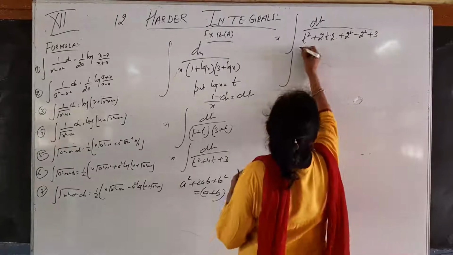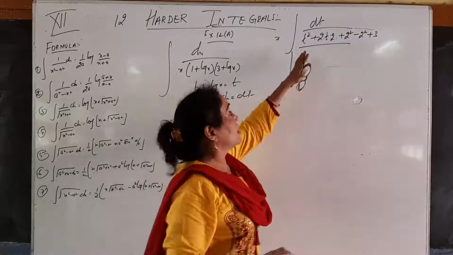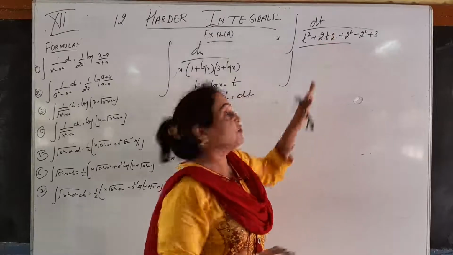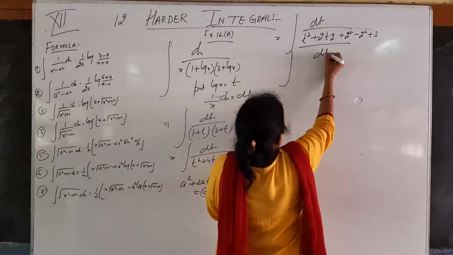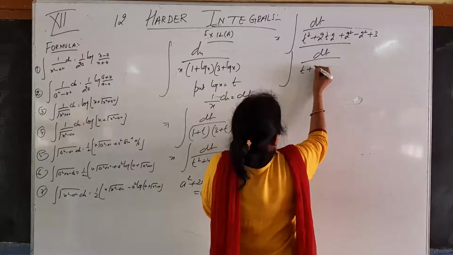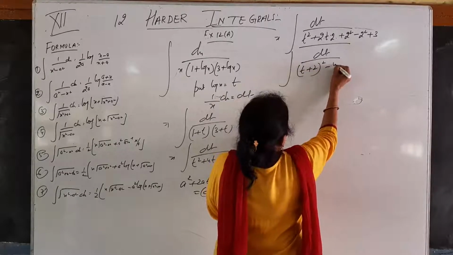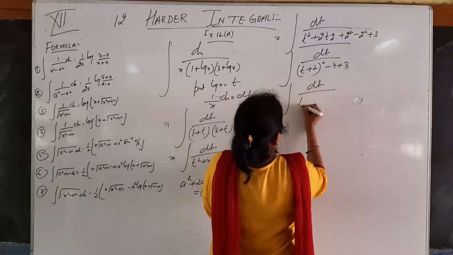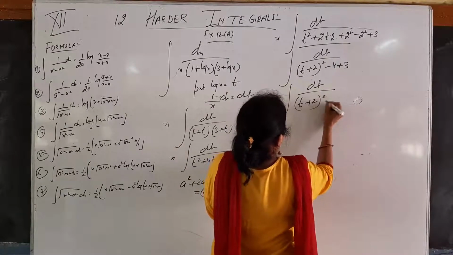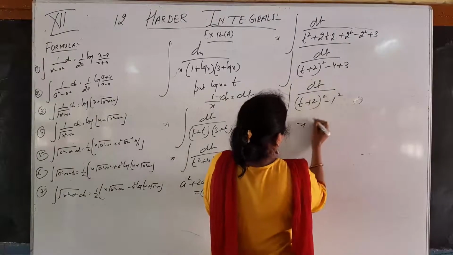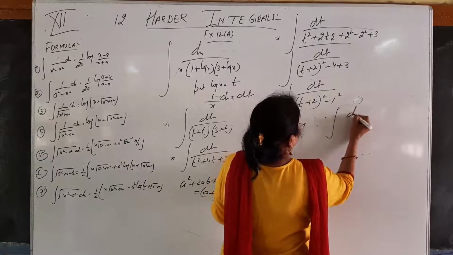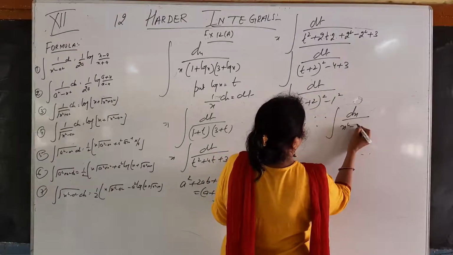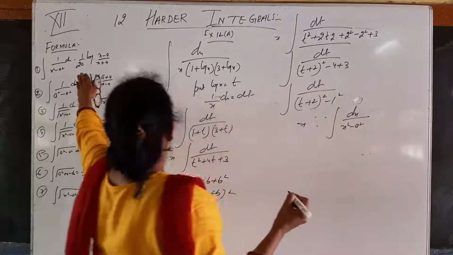Again further, this complete is of the form a square plus 2ab plus b square. So we will get here dt upon (t plus 2) whole square minus 4 plus 3, or dt upon (t plus 2) whole square minus 1 square. It is of the form dx upon x square minus a square, this first formula.